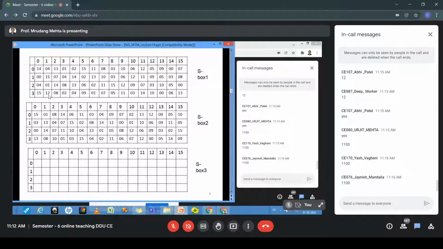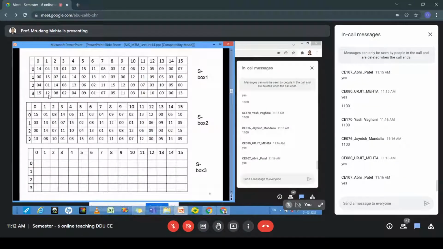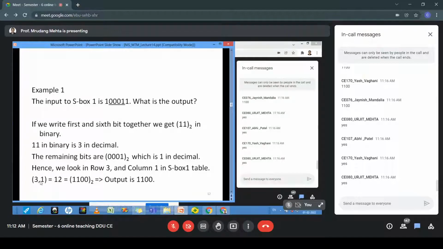So the output is 4 bits. Input is 6 bits, output is 4 bits. So row 3, column 1 gives 12, which is 1100 in binary, and so the output is 1100. Is that clear? Understood, Urjit and others?